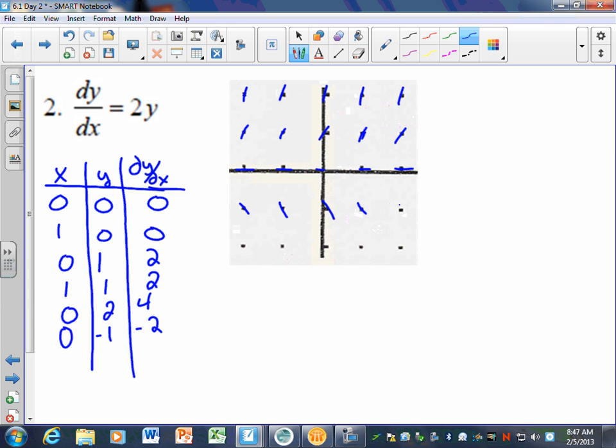And the same thing with at -2 is going to be -4. Do you agree with that? So that's going to be like super steep like this.